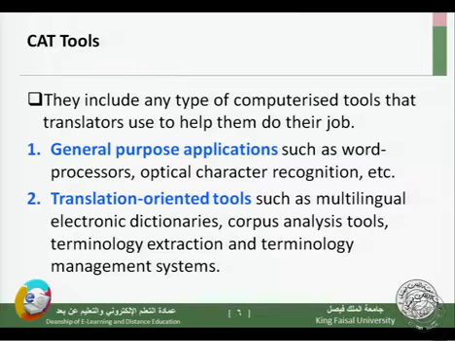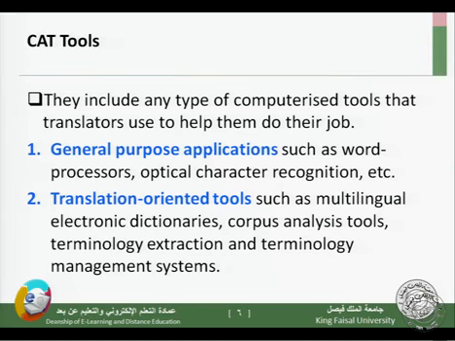Now, what kind of tools does this CAT have? We have any type of computerized tools that translators use to help them do this job. This includes any type of CAT tool. As long as it is computerized, you can say, well, it is an aid or it is a tool.